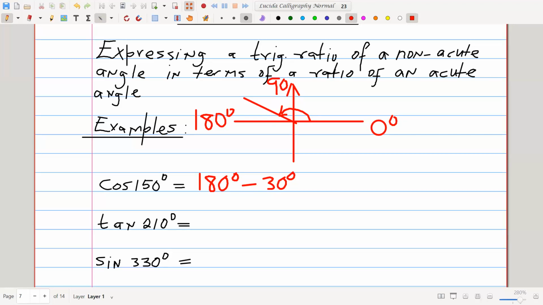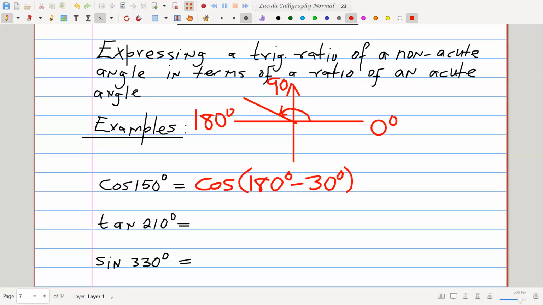So that means now I can write this as, just say I have a cosine of 180 degrees minus 30 degrees. That's the same as saying cos 150.